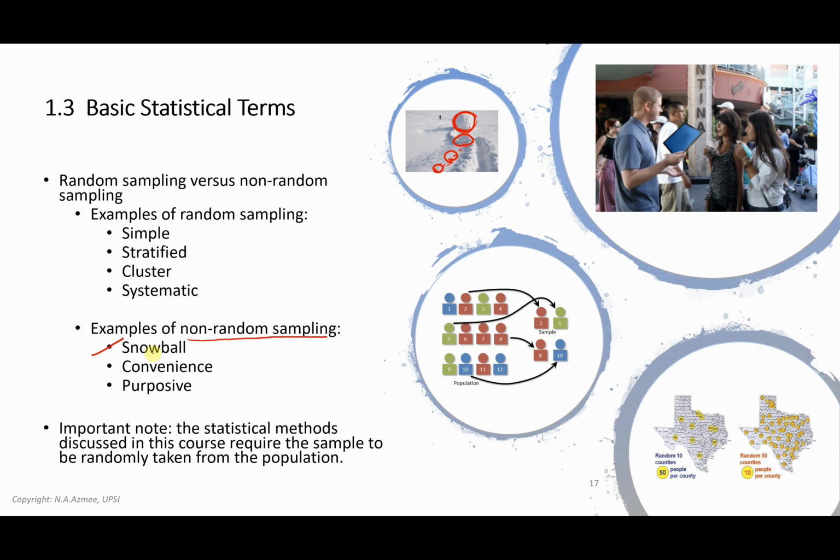Now, bila kita bercakap tentang snowball sampling, kat mana selalunya kita apply? Where do we apply this type of sampling? This type of sampling is usually applied when you want to study a sensitive topic and not many respondents are willing to come forward.